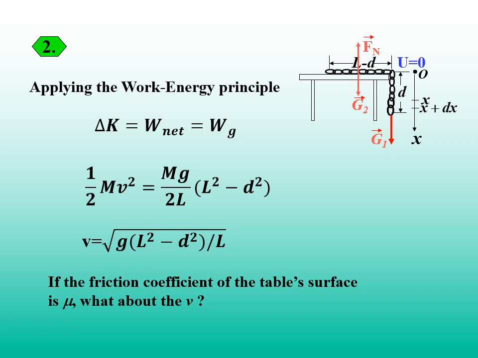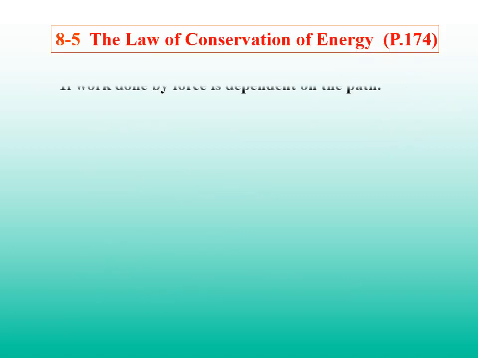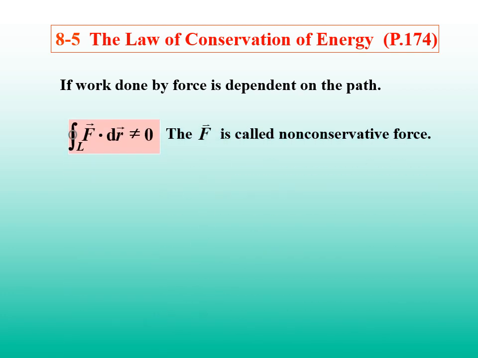If the friction coefficient of the table's surface is mu, in natural processes, the mechanical energy does not remain constant but decreases. Frictional forces reduce the total mechanical energy.